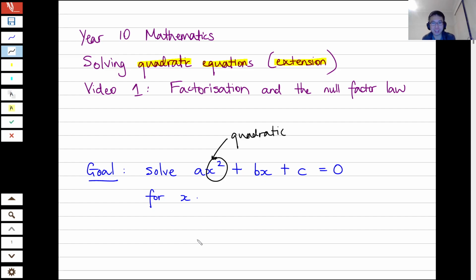It's not immediately clear. We can't just use inverse operations the way we did with linear equations. We're going to need other techniques.